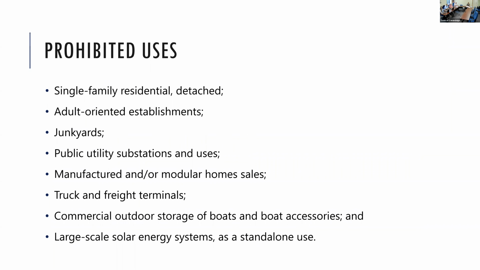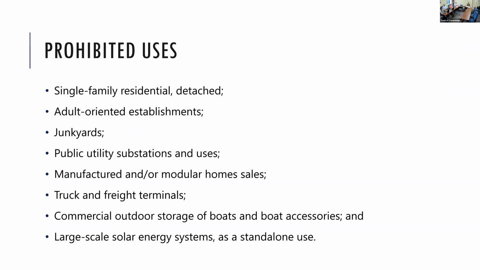So again, unlike a traditional zoning code where you're saying, here's your district, here's the uses that are allowed, the form-based code flips that on its head and says, as long as you conform to all these design requirements, as long as you do not create nuisances, we don't care what you do within your building, with some exceptions. And this is the list of exceptions for this particular sub area.